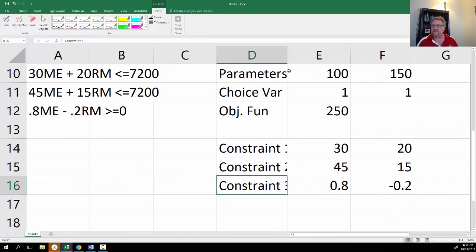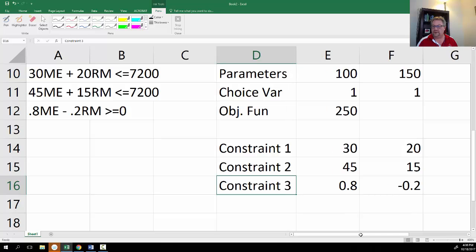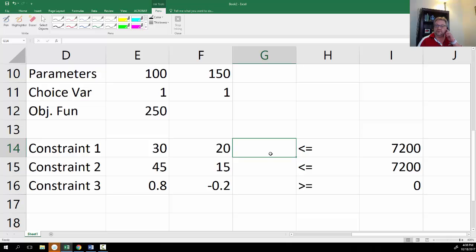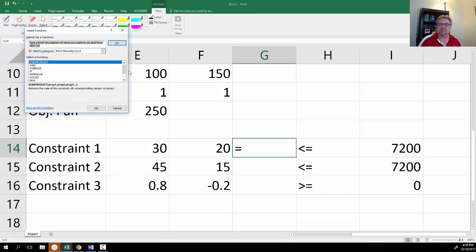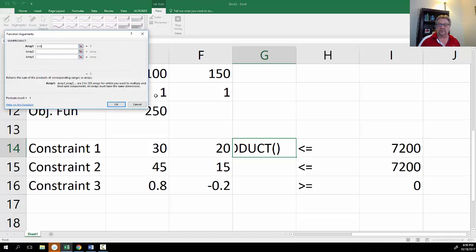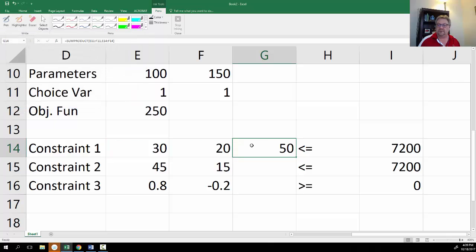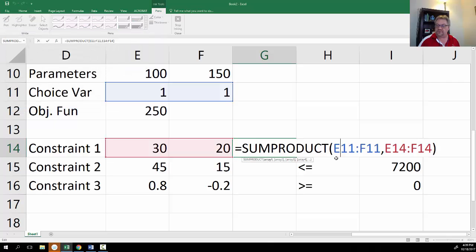Well, let me just make this a little bigger. All right, there we go. And then, of course, I've got this one, right? What are my constraints given the value of my choice variables? So sum product once again. Choice variables, parameters, and as always, anchor the choice variables.